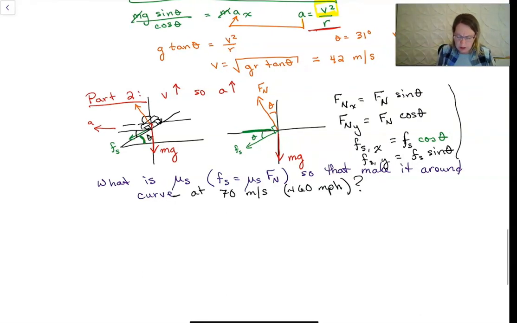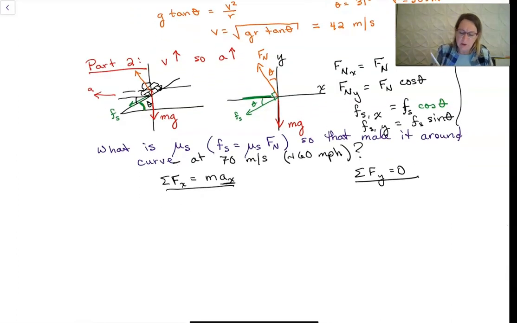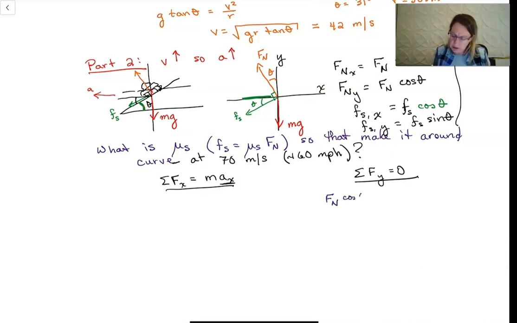So I'm going to add up the sum of the forces in the x direction, which will equal m times the acceleration in the x direction, and the sum of the forces in the y direction, which is going to be 0, because this is our y and this is our x, and that was the whole point of picking this coordinate system, because we already know this acceleration. So if we set this up, just looking at our force diagram, force normal in the y is force normal cosine theta.